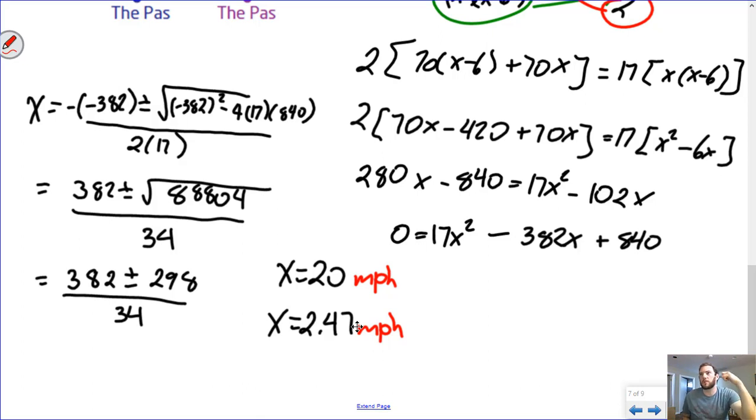And this is why with word problems, we really have to think about the context of the question, right? X equals 20 and x equals 2.47. Which of these two answers actually make sense? You're probably leaning towards one more so than the other, and I'll tell you right now, the right answer here is this one. Now, why, I guess, is the question. Why is it that one? Why is it not the 2.47?